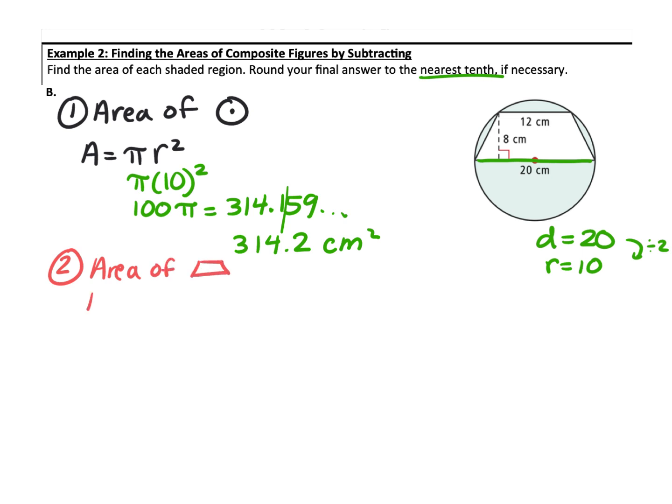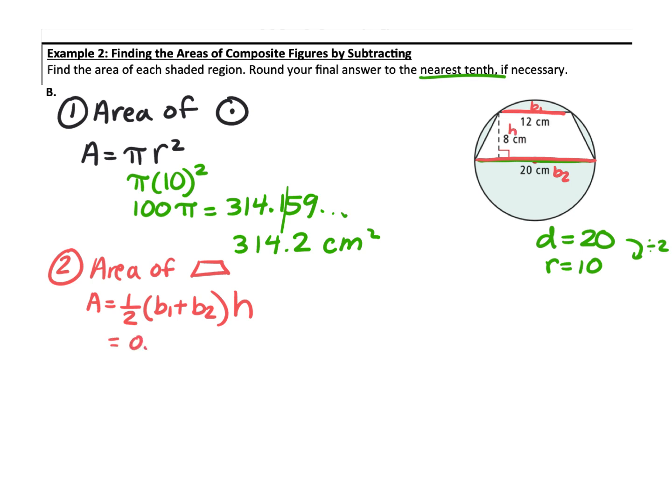The area formula for a trapezoid is area equals 1/2 times the sum of the bases, so B1 plus B2, times the height. And the bases are the two sides that are parallel to each other, and the height is the distance between them. So here the bases are 20 and 12, and the height is 8.